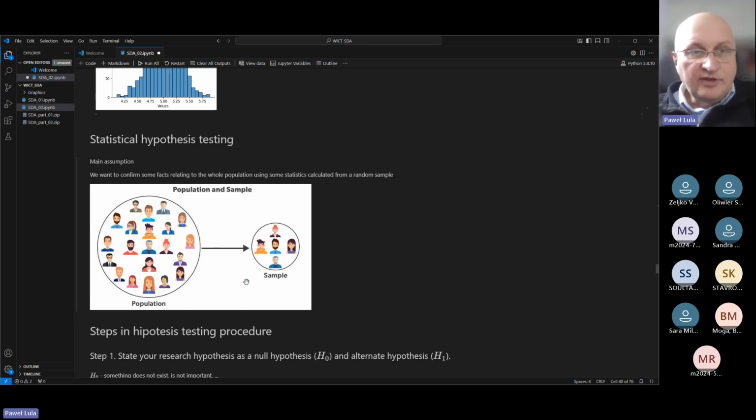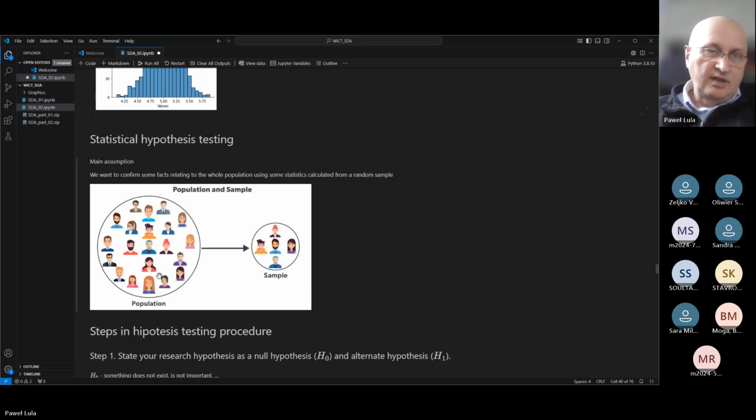And having this data, I want to say something, but not about this sample, but about the whole population. It is the main idea of statistical hypothesis testing. For example, the average monthly income of one person in Croatia is about 2,000 euro.